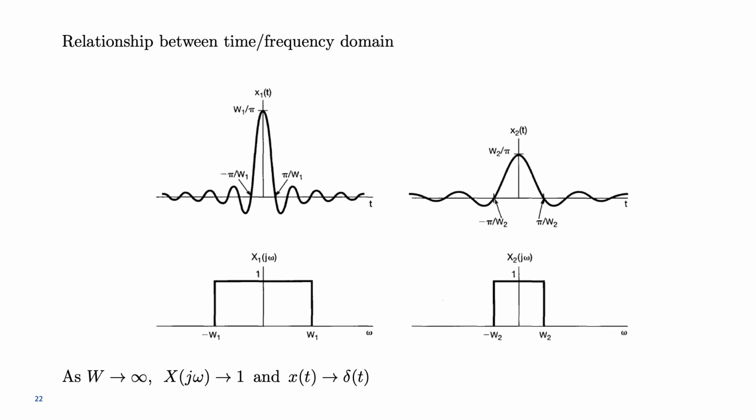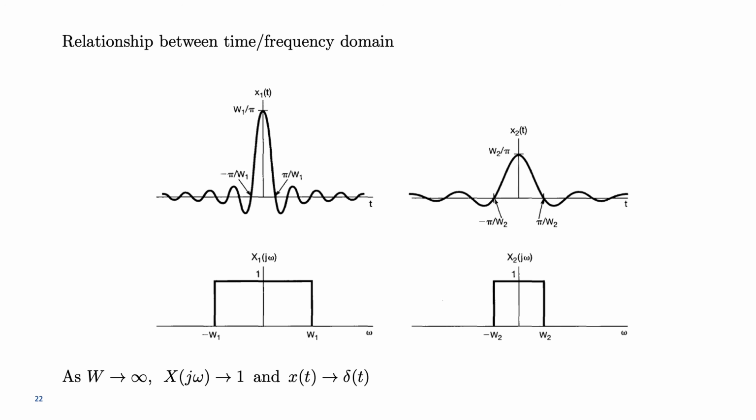The Fourier transform, represented at the bottom, for a W that goes to infinity would converge to a constant 1 that extends to all frequencies from minus infinity to plus infinity. Recall that we have already seen this in a previous example today when we calculated the Fourier transform of the Dirac delta. The transform of the Dirac delta is 1, it's constant.